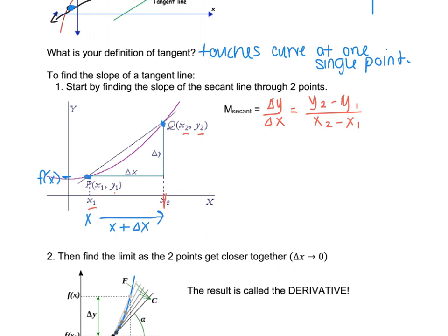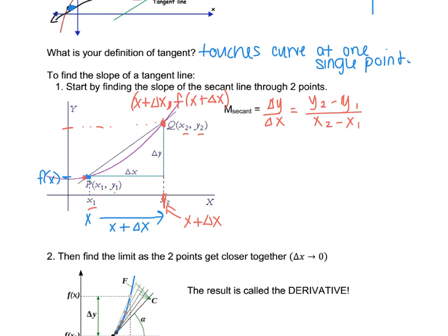So this point right here is the x value, x plus whatever change in x we added to it. And that means this y value is f of x plus delta x. So to label that, it's an x value of x plus delta x, comma, and the y value, think about what that would be, it's just going to be f of that x value, f of x plus delta x.